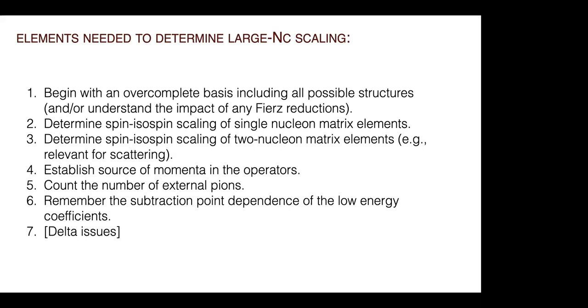That's just going to give you nonsense. I'll illustrate some examples of that subtraction point dependence and the impact that it has. There's also a very interesting issue about the delta intermediate state and being explicit about including that, which is some work in progress that I may allude to.